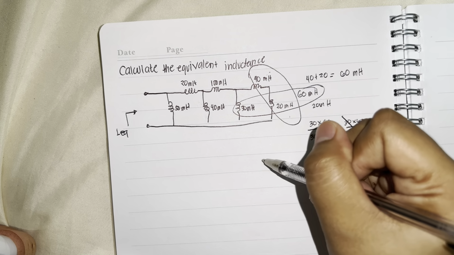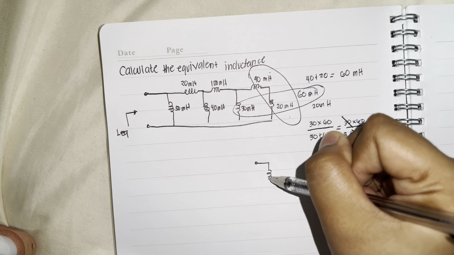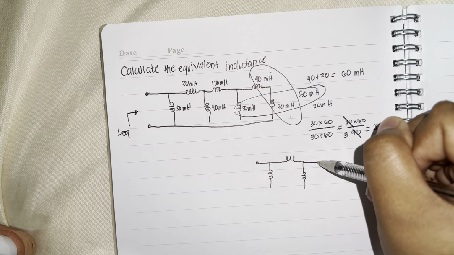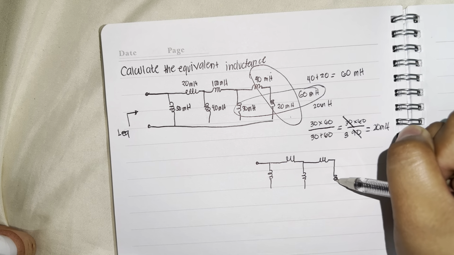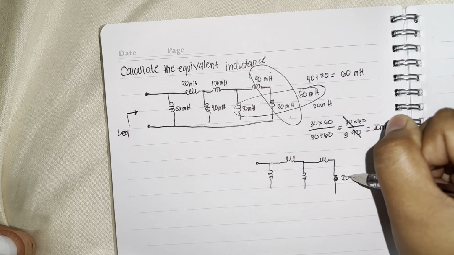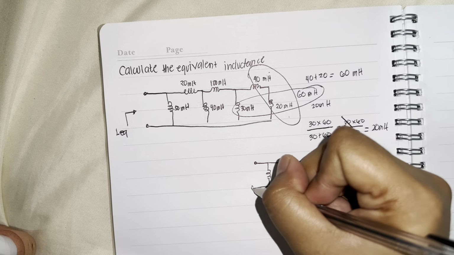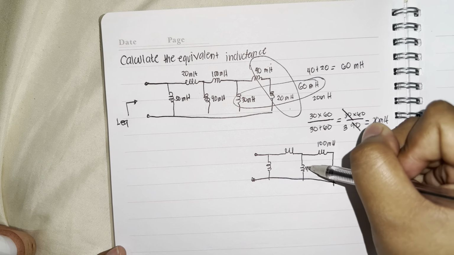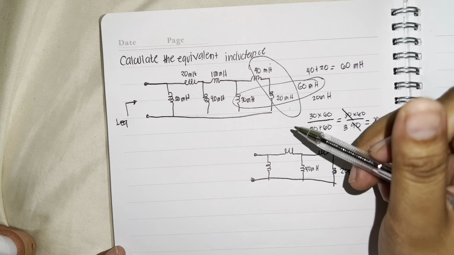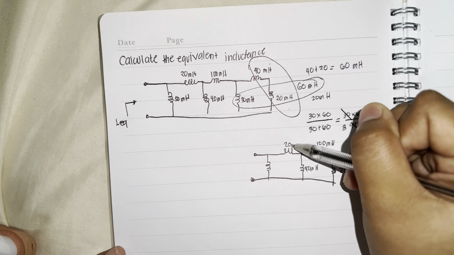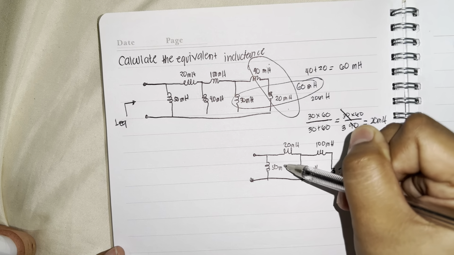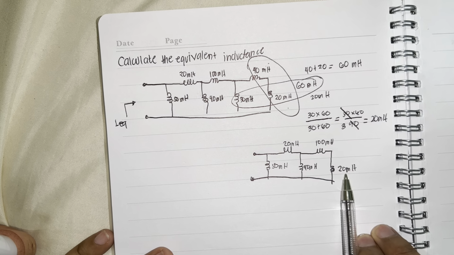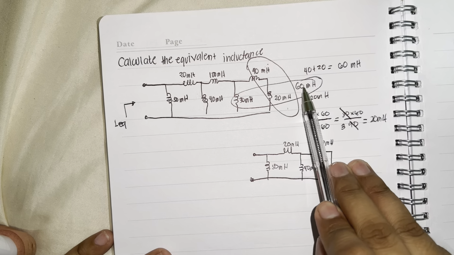So this one is 20 millihenry, and the circuit will look like this: 20 millihenry, 100 millihenry, 40 millihenry, 20 millihenry and then 50 millihenry. So we get this 20 millihenry from the parallel of 60 and 30.